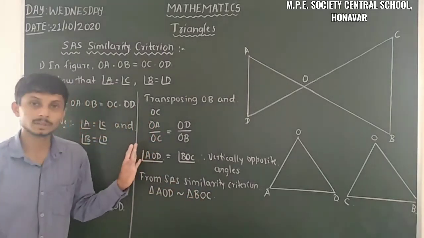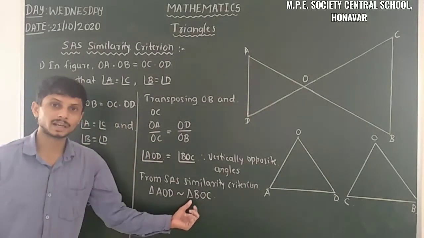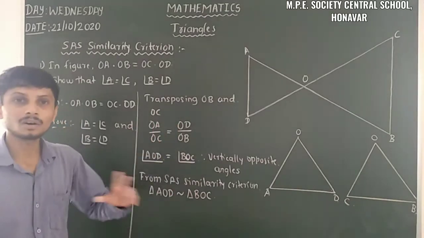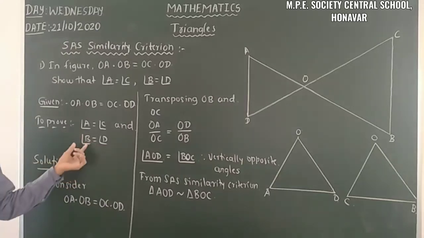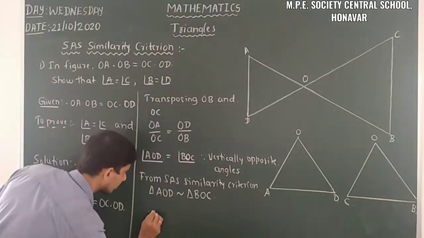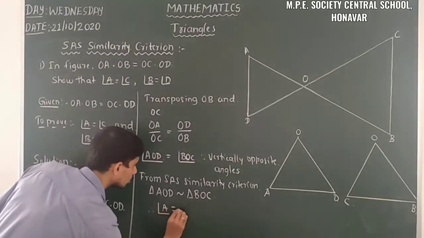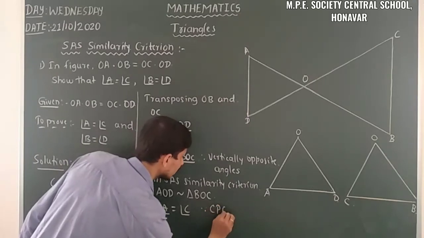When triangle AOD is similar to triangle BOC, we can take all the corresponding angles as equal. So angle A is equal to angle C and angle B is equal to angle D.